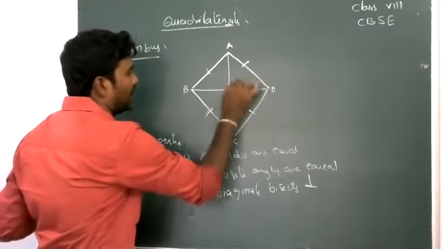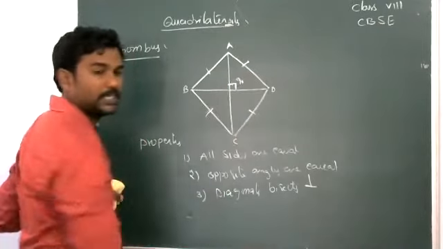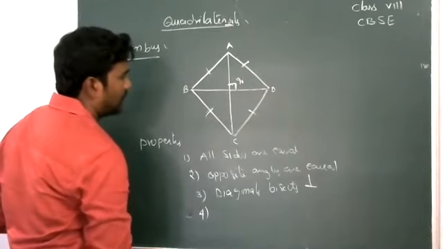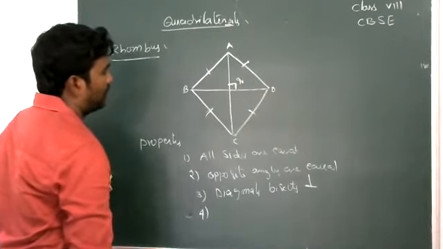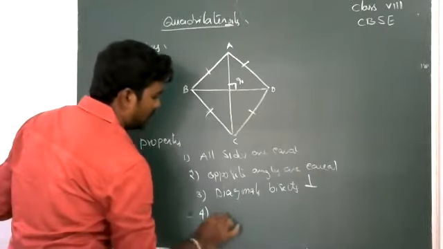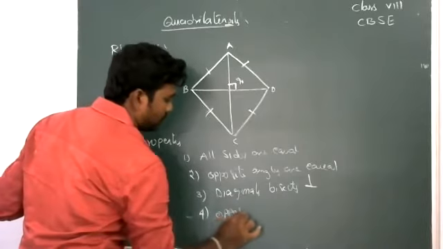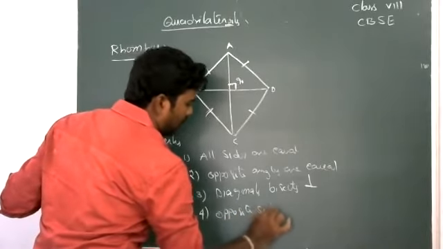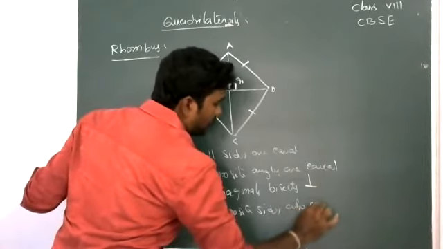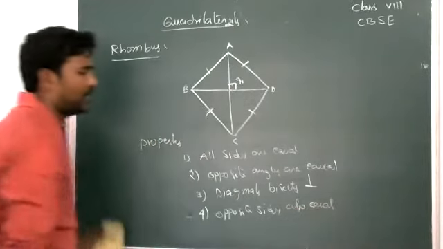That means the angle is 90 degrees. And then the fourth one is opposite sides are also equal. So here also are the same properties as a parallelogram.